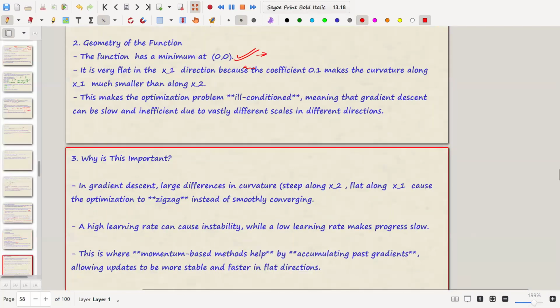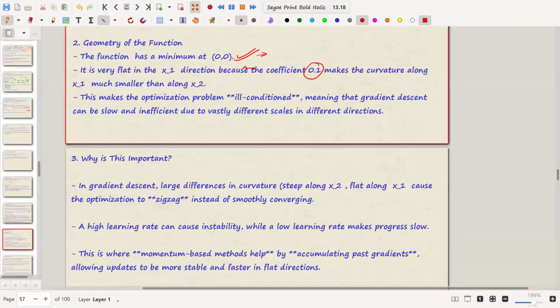So therefore, due to this 0.1 coefficient only, the problem becomes ill-conditioned. Meaning that gradient descent can be slow and inefficient due to vastly different scales in different directions. This is exactly the reason why the gradient method was failing. Because in this direction it was very flat, it was extending, but on the y-axis it is very narrow.